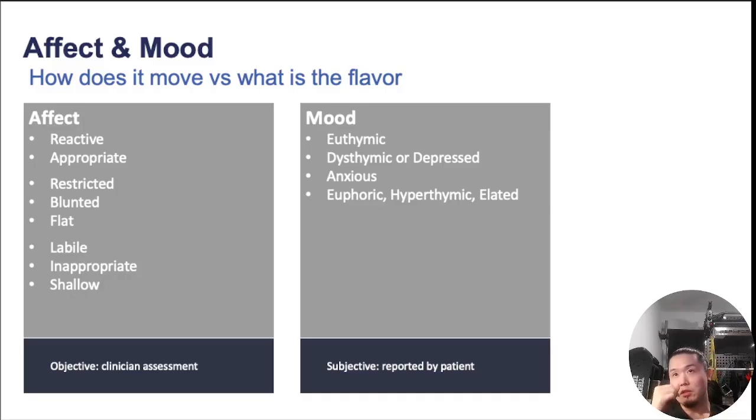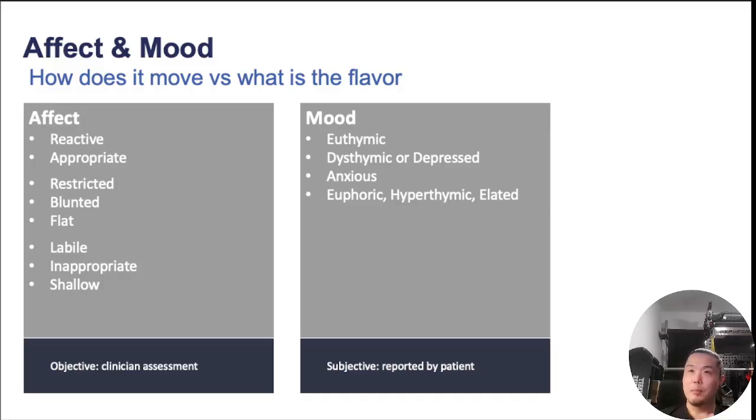So if we look at some of these descriptors, affect, for example, can be reported as reactive and appropriate. So this would be somebody who doesn't have any kind of a mental illness, for example. Or we can report their affect to be restricted or blunted or flat. Now, we would typically use the term restricted for somebody who is anxious or depressed. For example, what we mean by restricted is that there isn't a lot of change in the way that they emote across their face.